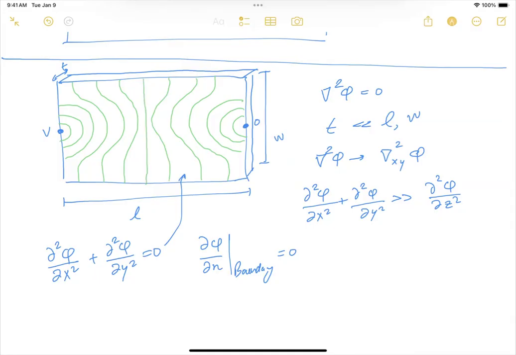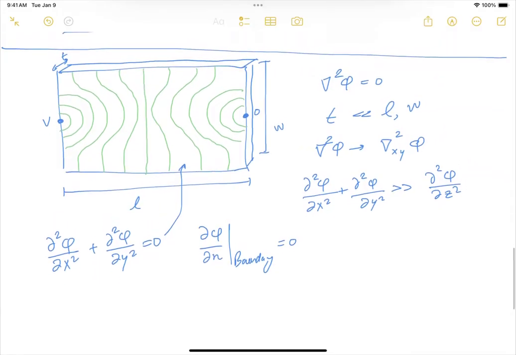So you have a potential distribution which looks something like this. Of course, this is a little exaggerated, but you can calculate for yourself exactly what it would look like. But you see here that the equipotentials must be normal at any point on the boundary, which is required because of the boundary condition.